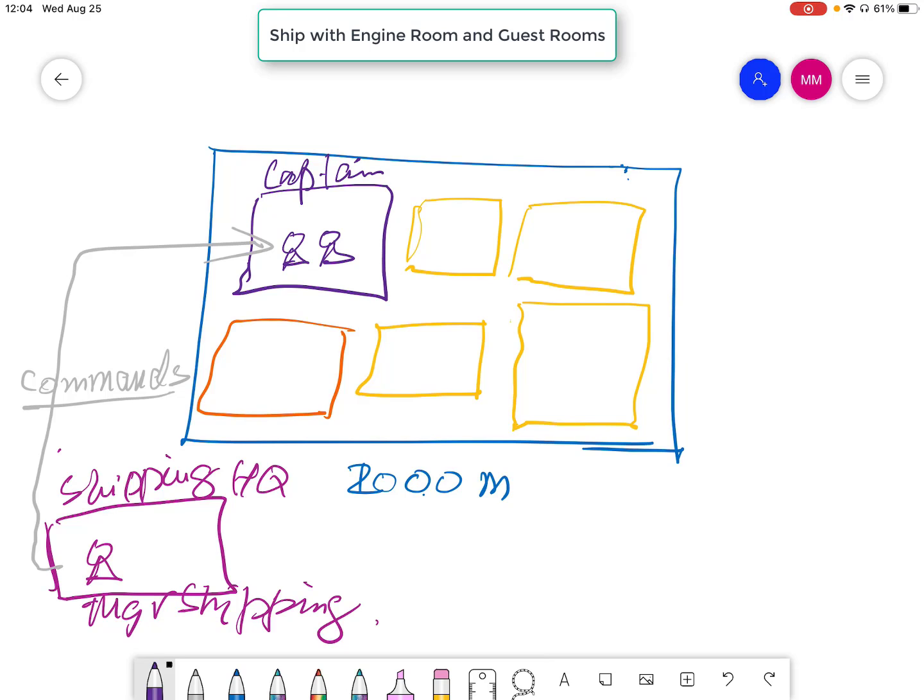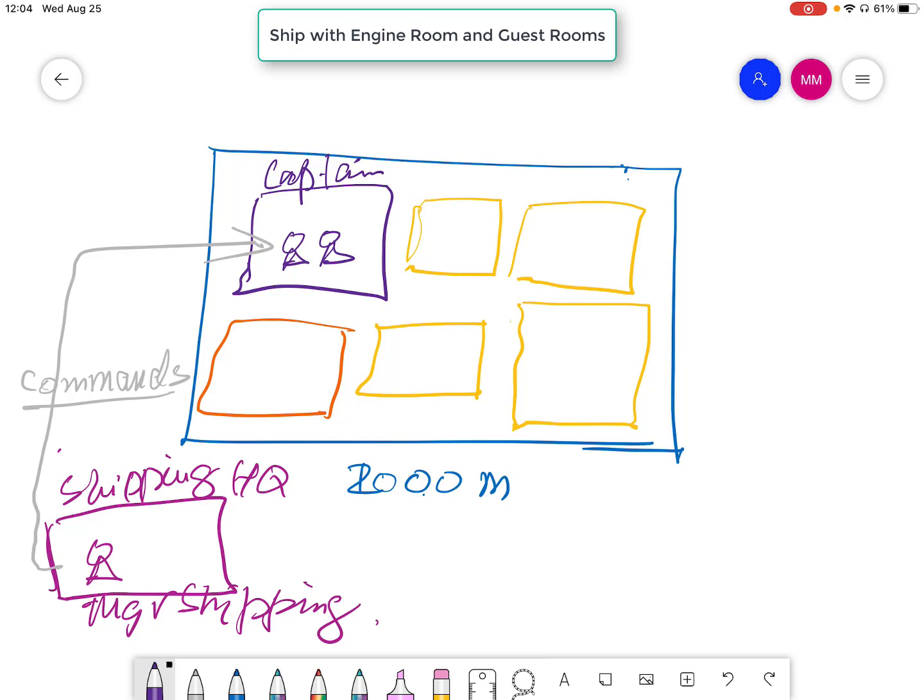Now we've got this set up, but we have another problem. Whenever a call comes from the shipping headquarters to say, hey, I'd like to make sure there are 10, please go ahead, the ship is still on the dock. It's not sailing in the ocean yet.